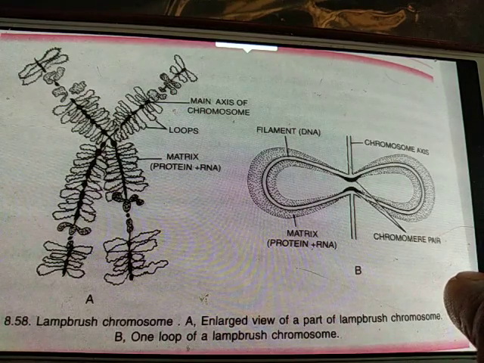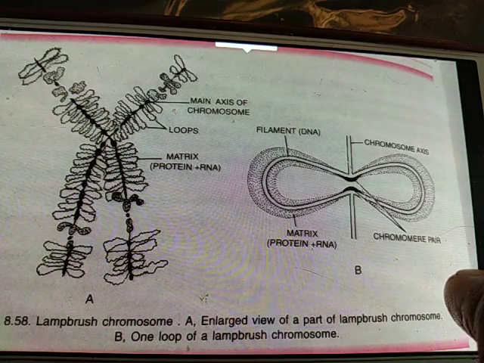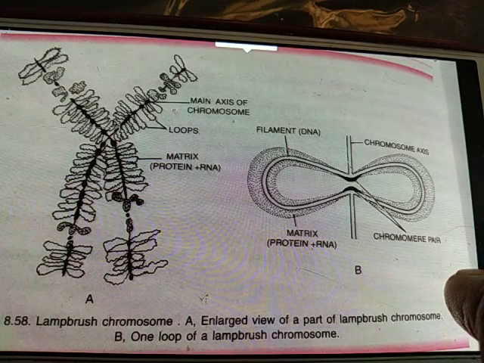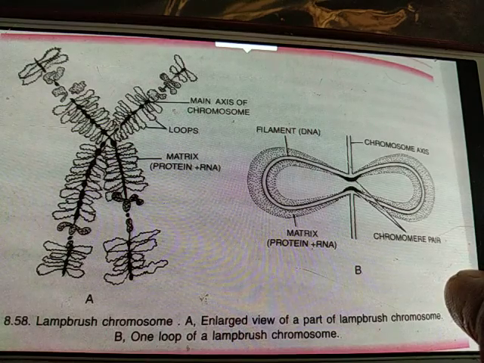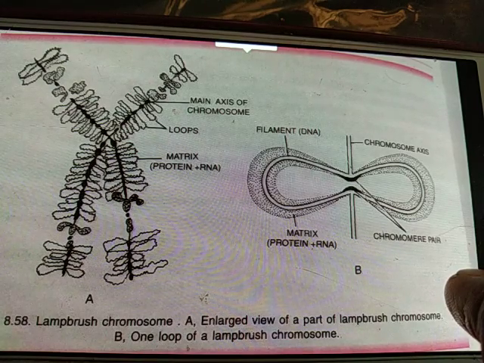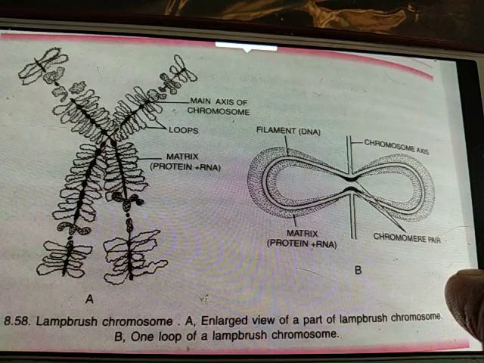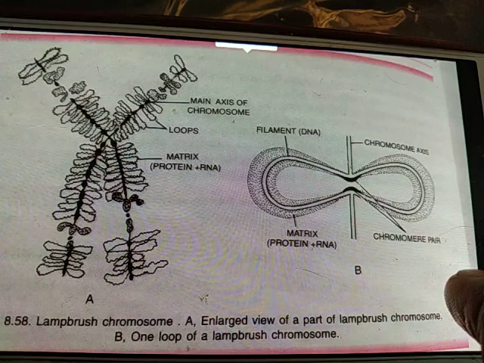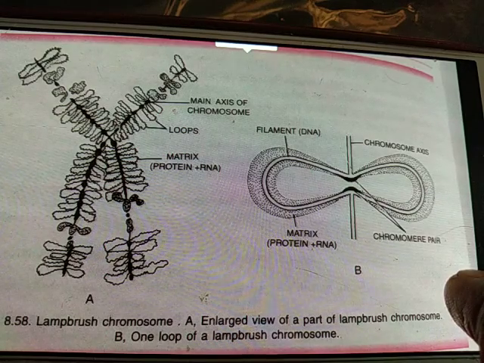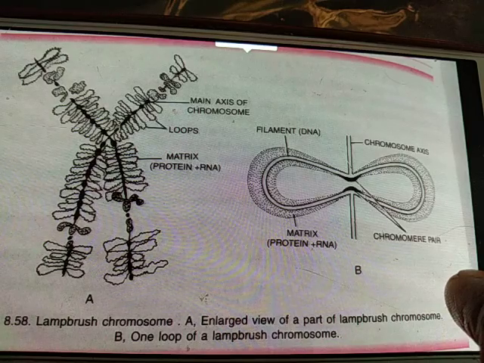Some messenger RNAs produced by lampbrush chromosomes may be stored in informosomes, that is messenger RNA plus protein, for producing biochemicals during the development of the embryo. After full development of the oocytes, the lateral loops are withdrawn and the chromosomes get shortened.